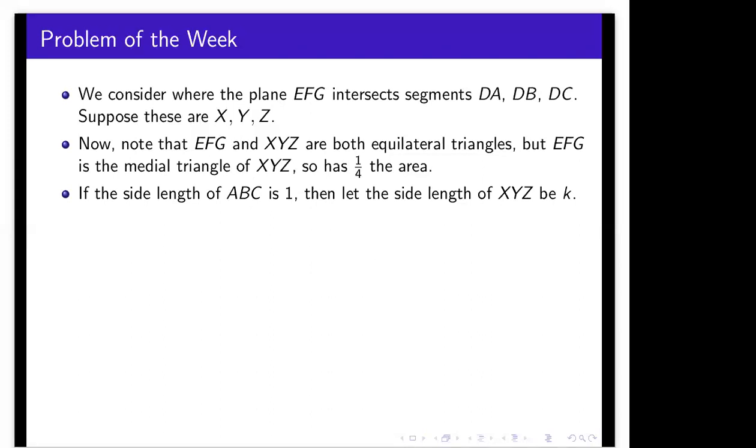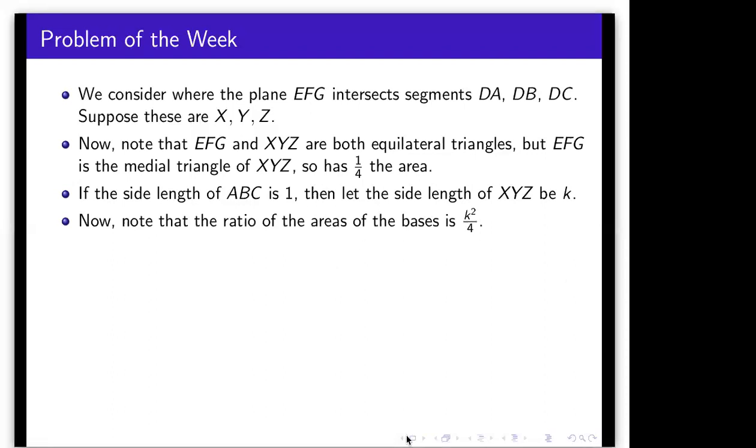So it's basically just the ratio of the side lengths. We basically want to try to find the ratio of the volumes in terms of K, right? So we know that the ratio of the areas of their bases is going to be K squared over 4, right?